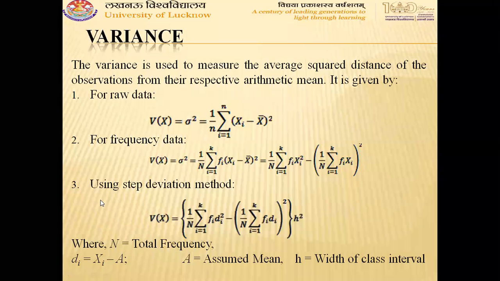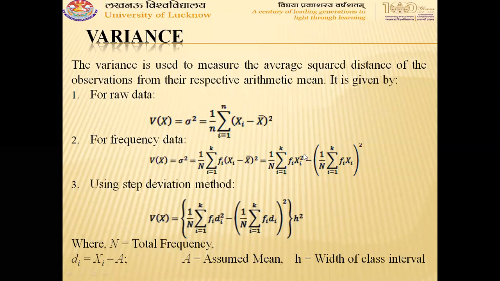There is another method for calculating the variance, which is similar to the computation of the mean using the step deviation method. In the step deviation method, the calculation becomes much easier as compared to the formula given for the variance.